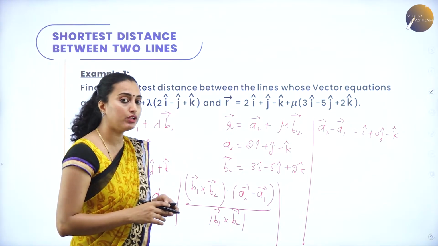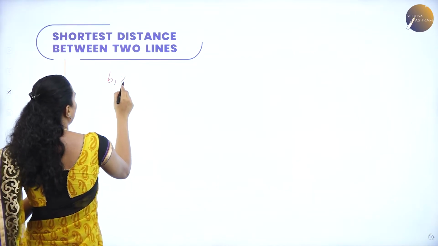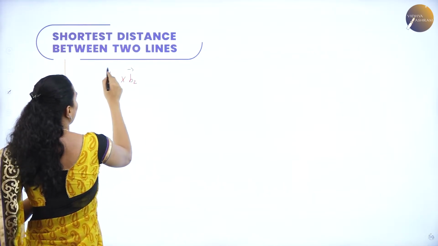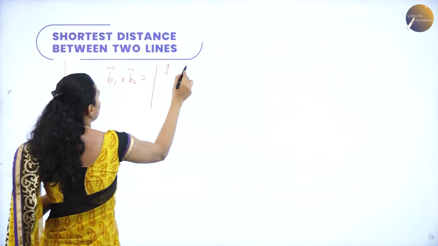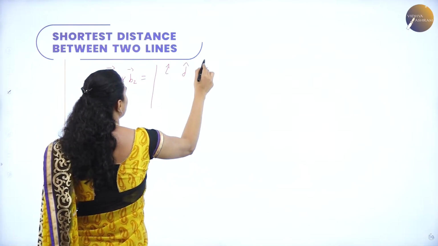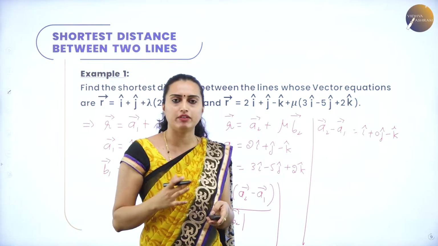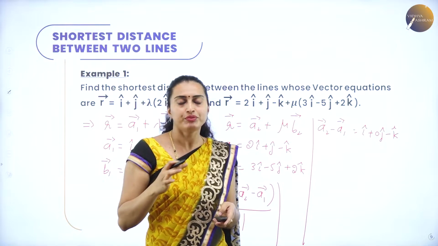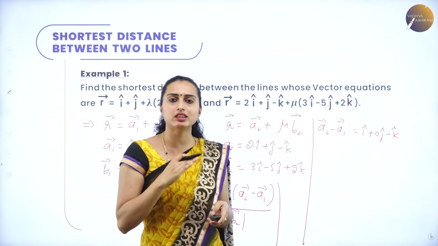Now, you need to do B1 cross B2. How to do B1 cross B2? B1 cross B2 is given by writing the ijk cross product determinant. It is not the dot product, it is the cross product. Write ijk as the first row, the coefficients of ijk of the B1 vector in the second row, and the coefficients of ijk of the B2 vector in the third row.